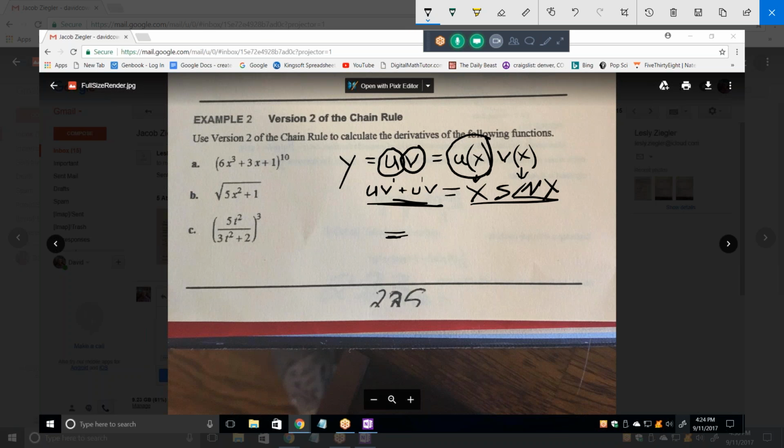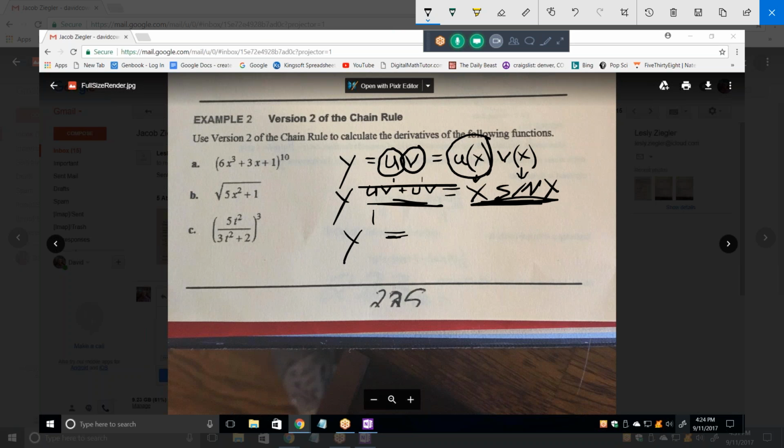So if that's our 2 functions multiplied, what is the derivative? We're going to call this y. What's y prime? This is not the chain rule. This is the product rule.